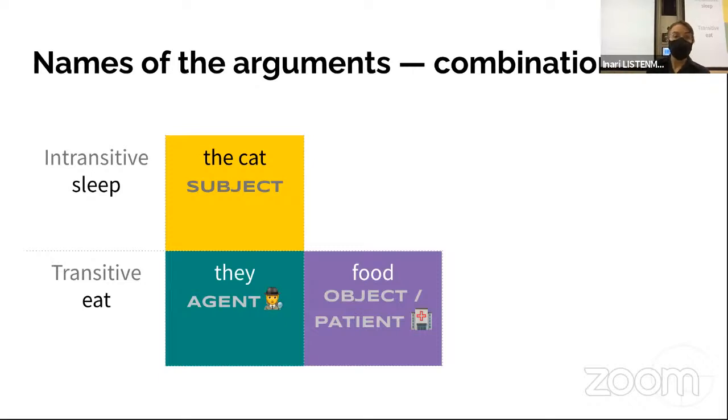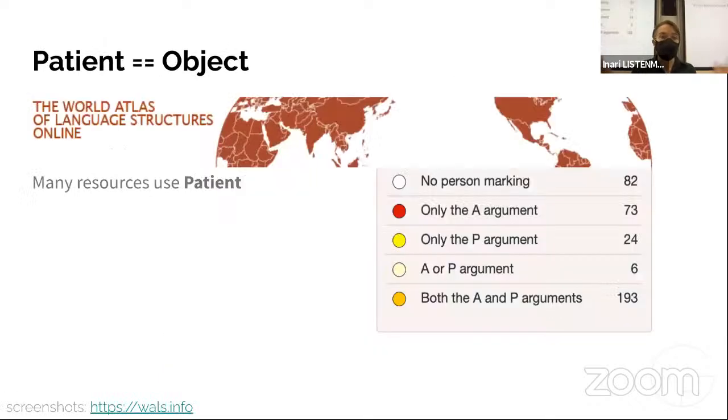So then the food may be object or patient. It's really the same thing. I'm introducing the word patient because I'm going to show you some resources. In this presentation, I'm trying to use object, but if I say patient at some point, just mentally replace it with object.